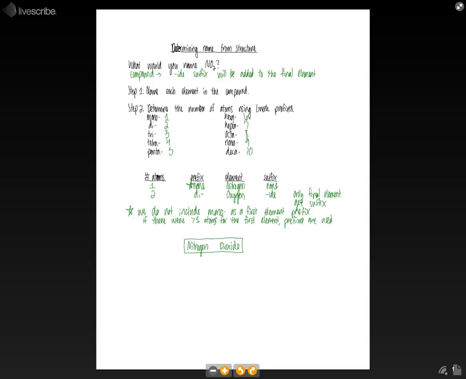So again, if there would have been more than 1 nitrogen, then we would have used Greek prefixes.